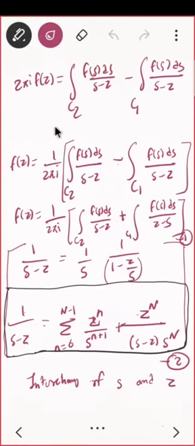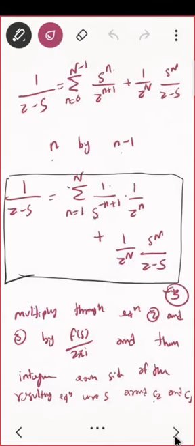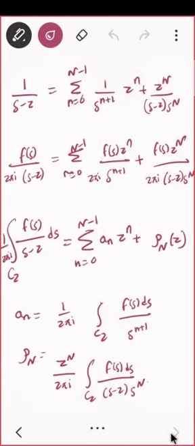Just you need to see the first thing, that here it is subtraction. So convert subtraction to addition by writing s minus z as z minus s, and go ahead. That's it. Correct? You have to use the geometric series two times. The first time it will be 1 upon z minus s, and the second time it will be s minus z. And then do this.